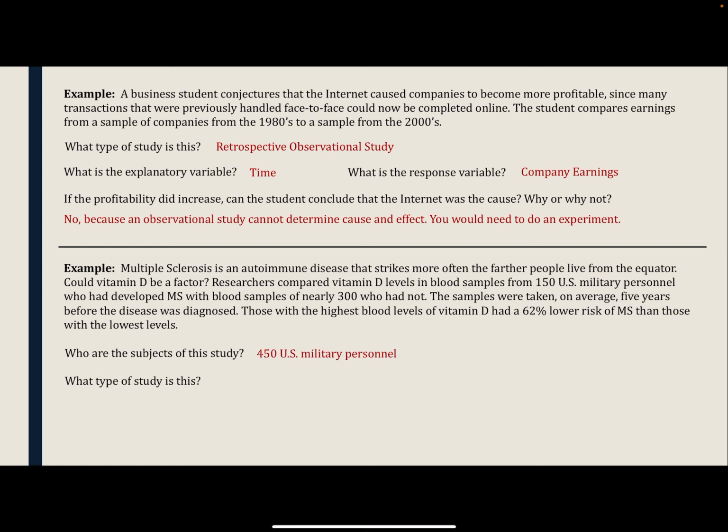What type of study is this? So again, they're taking the blood and then following the subjects. So this is a prospective observational study.